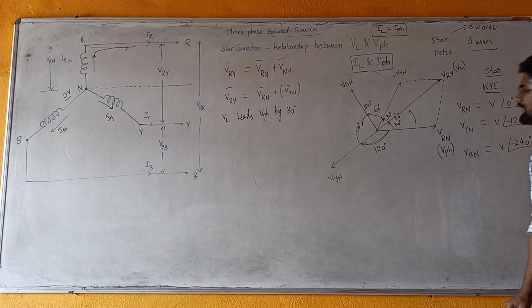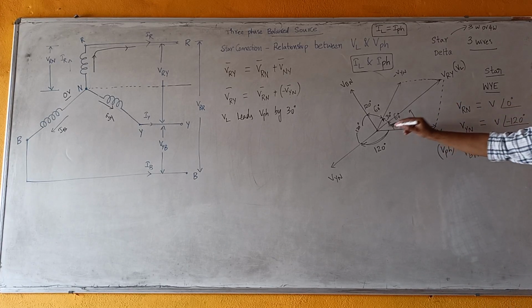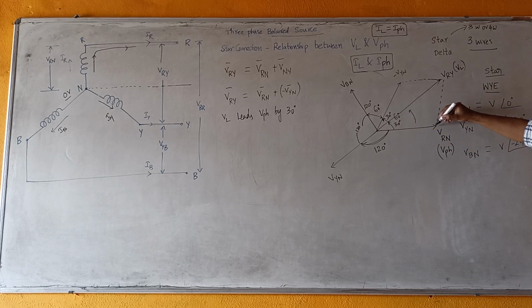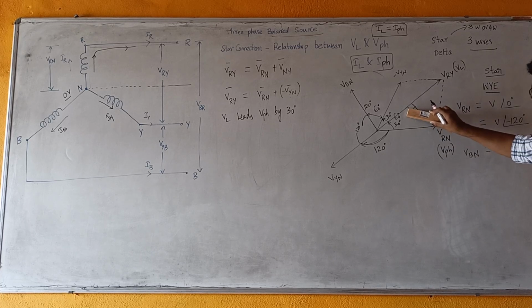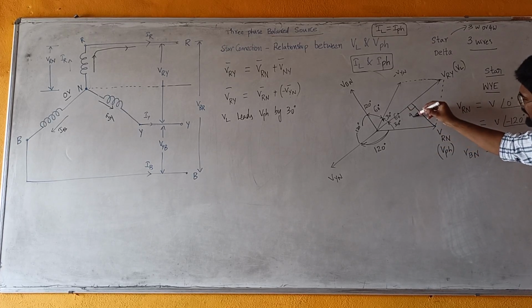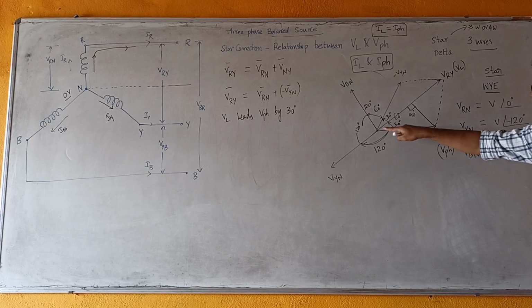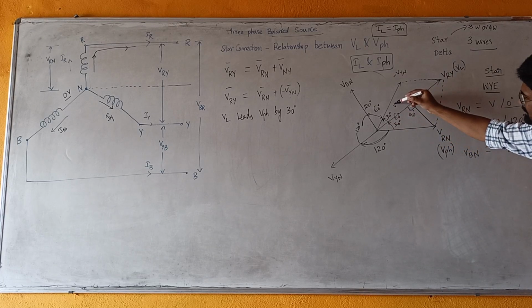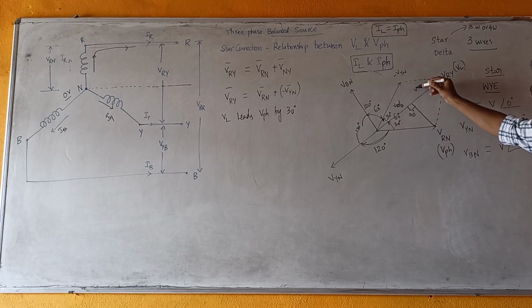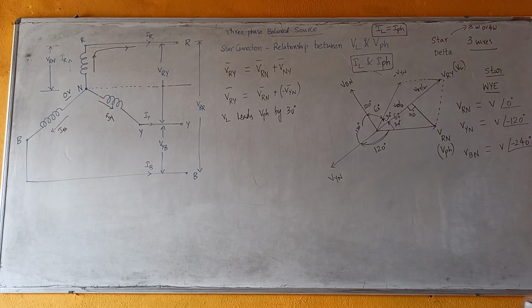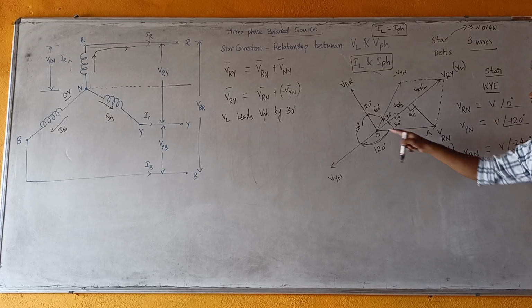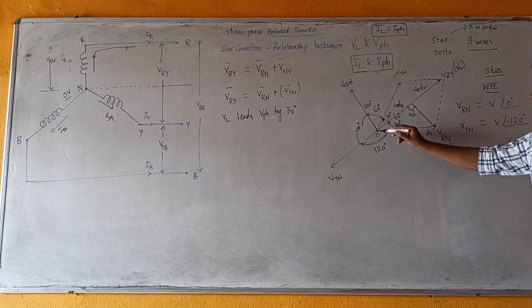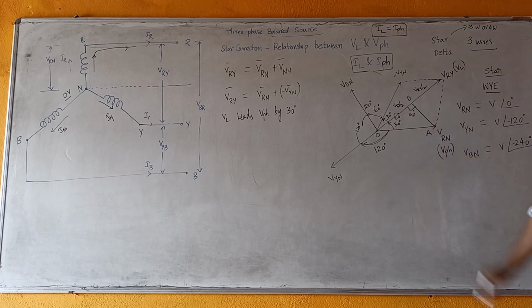Now to get the magnitude relationship, this whole length is VRY. We will project a perpendicular bisector, a perpendicular at 90 degrees. Bisector means the whole length VRY is bisected into VRY by 2 and VRY by 2. Now this angle is 30 degrees. We will consider the points as O, A and B. OA is VRN and OB is VRY by 2.